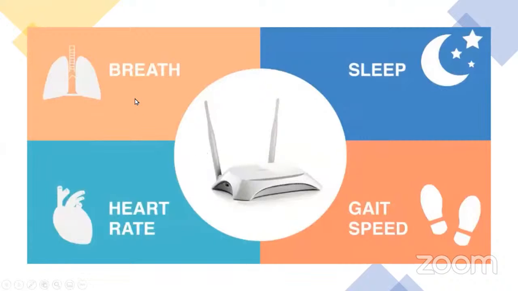So the sensors that we can use can detect breathing or heartbeat and other things, for example, what's called gait speed. Gait speed means the speed of walking in a house. When you have elderly people, you also want the sensor to detect their walking pattern, if they are walking properly or they are getting slow, or if they are not even moving.